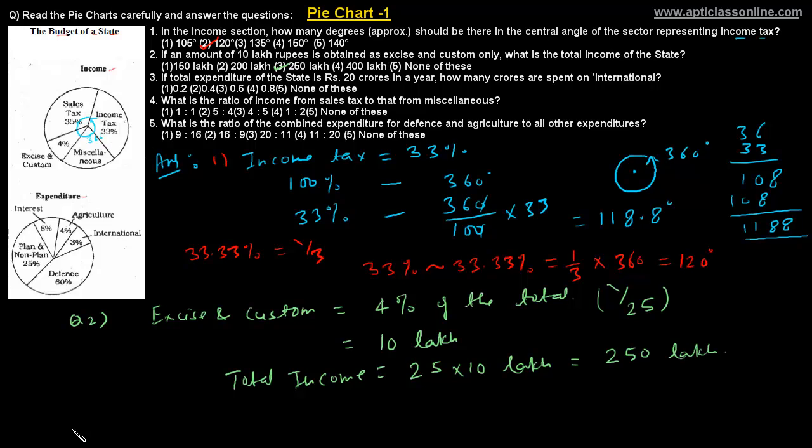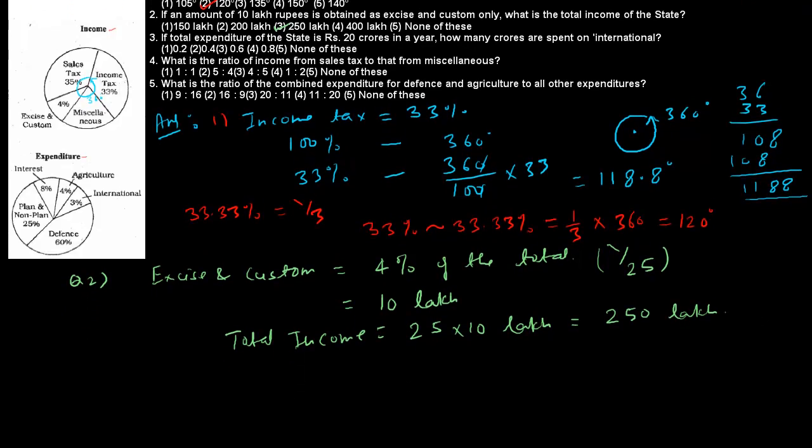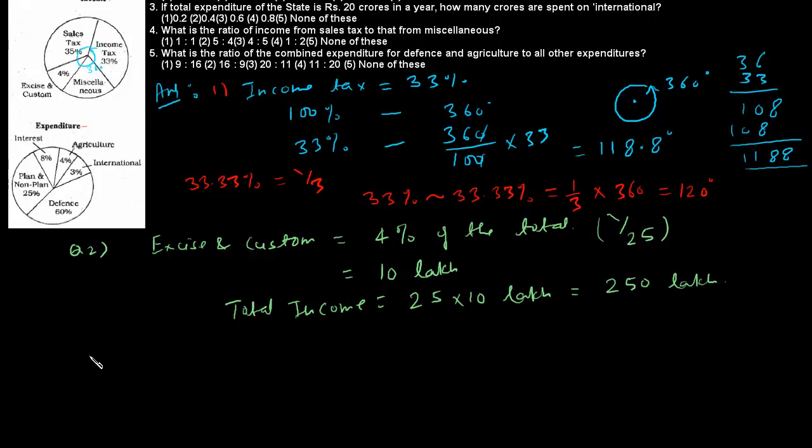Let's read question number 3. Question 3 says, if total expenditure of the state is rupees 20 crore in a year, how many crores are spent on international? Now they are talking about the expenditure part. Total expenditure of the state is 20 crore in a year.